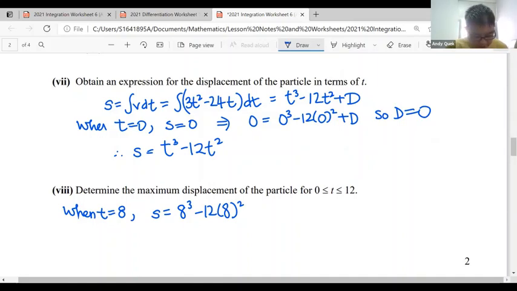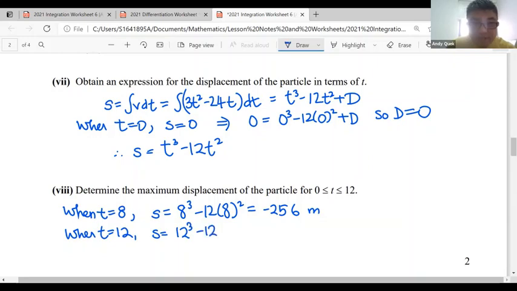Okay, so what is this value? Negative 256 meters. Now let's compare it with what happens when t equals 12. Let's see which is bigger, and then we will make a conclusion. Okay, is the answer 0?